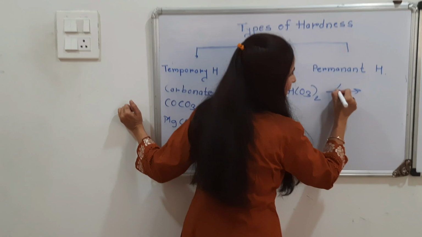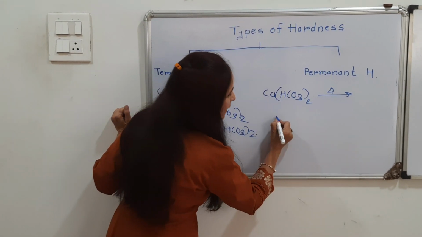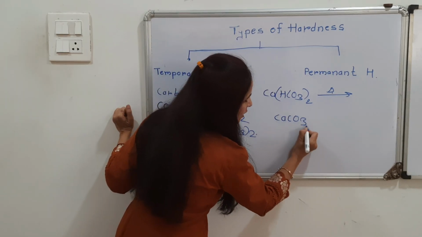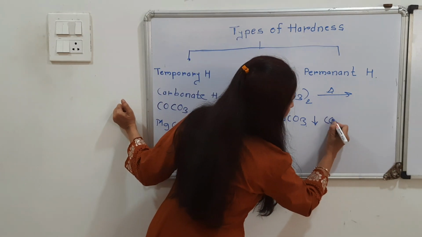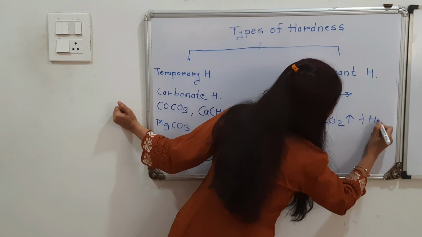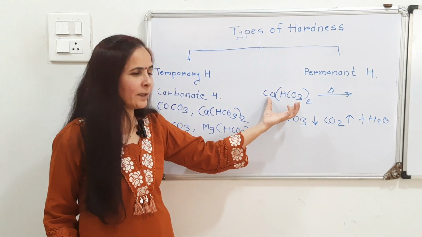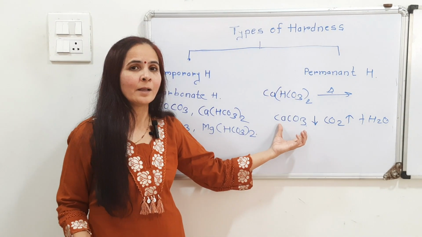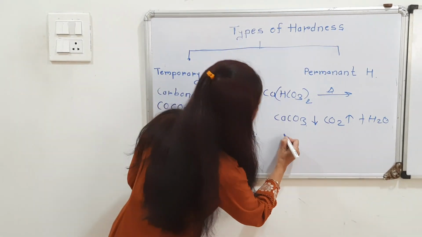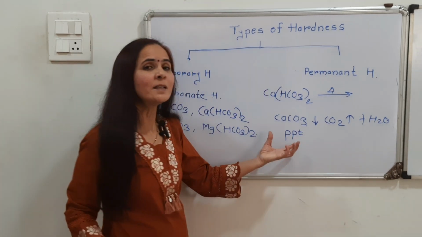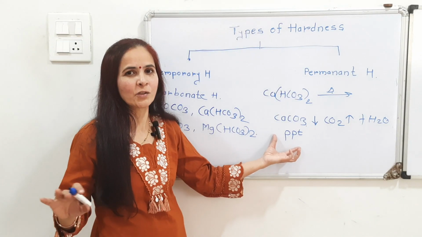Whenever we simply boil it, these soluble bicarbonates are converted into insoluble calcium carbonate in precipitate form, carbon dioxide is given out and the water molecule remains. This precipitate we can separate or remove by the simple filtration method.